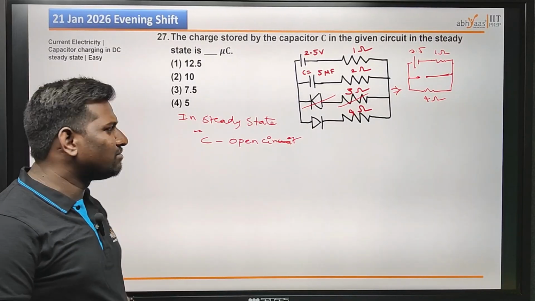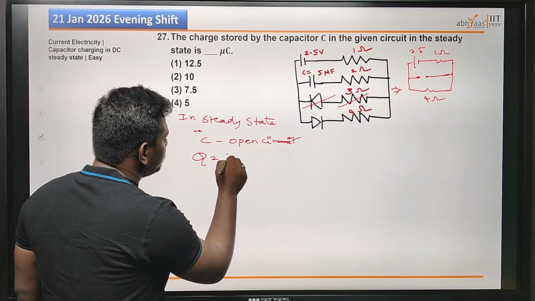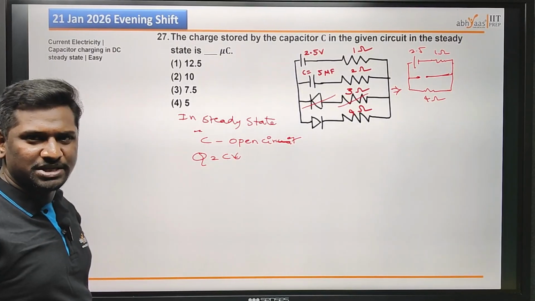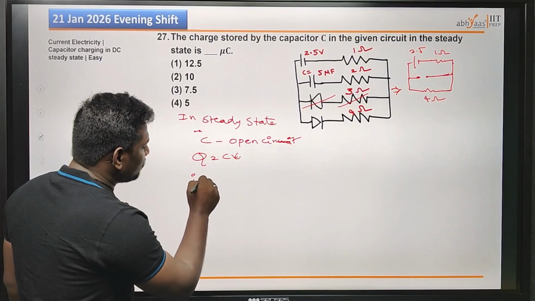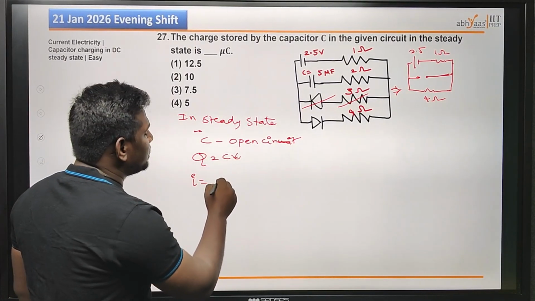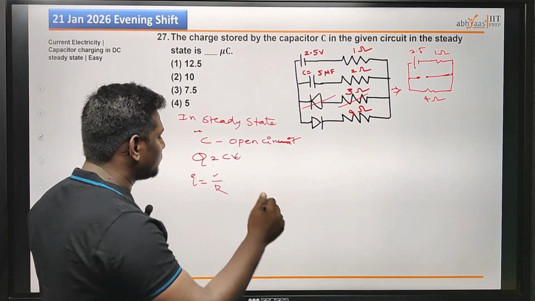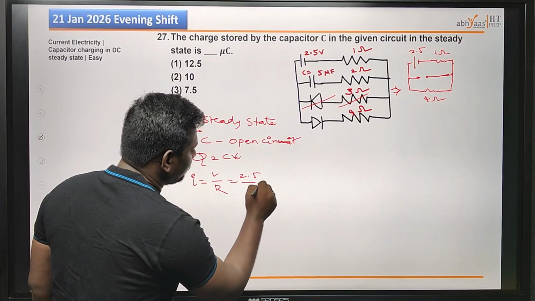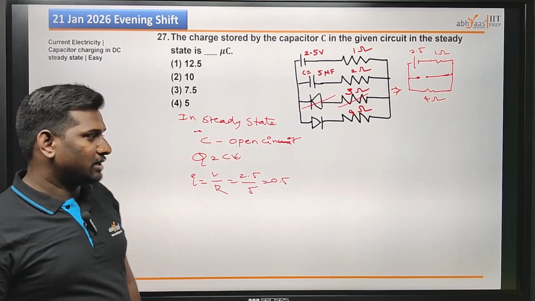What is the charge formula? Charge is Q equal to CV. We know that I equals V by R. Total R is 5, and the potential is 2.5, so 2.5 by 5 gives 0.5 amperes of current.